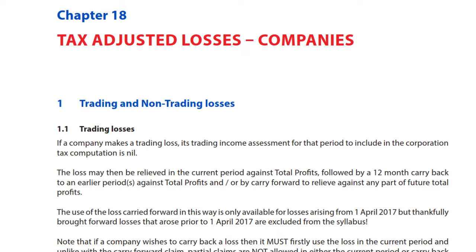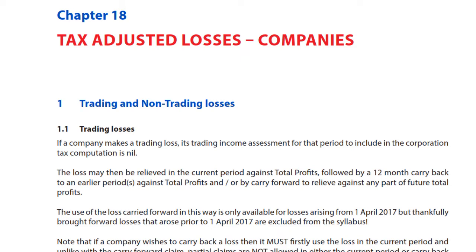We then see a slight difference to what happened in income tax. In income tax, if you wanted to use the loss in the current tax year or in the preceding tax year, you were free to do so. I hope you remember the claims set off against the total income of the current tax year and or the preceding tax year.